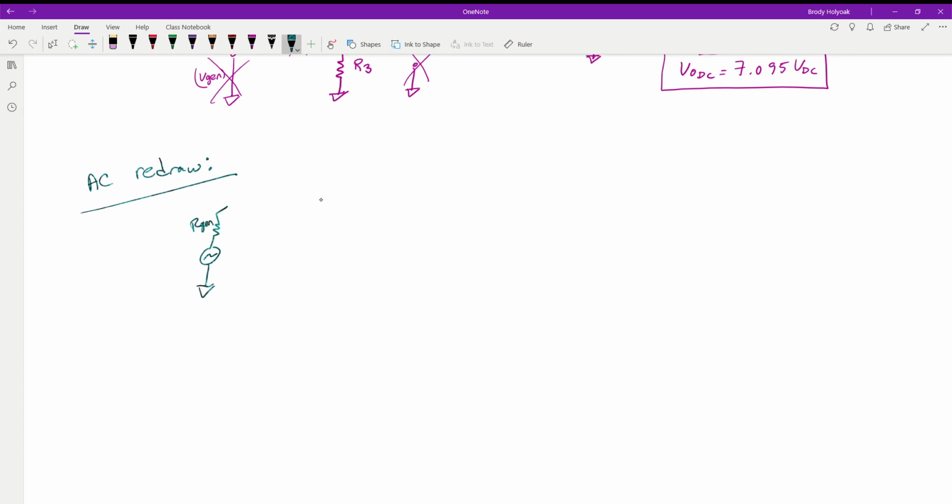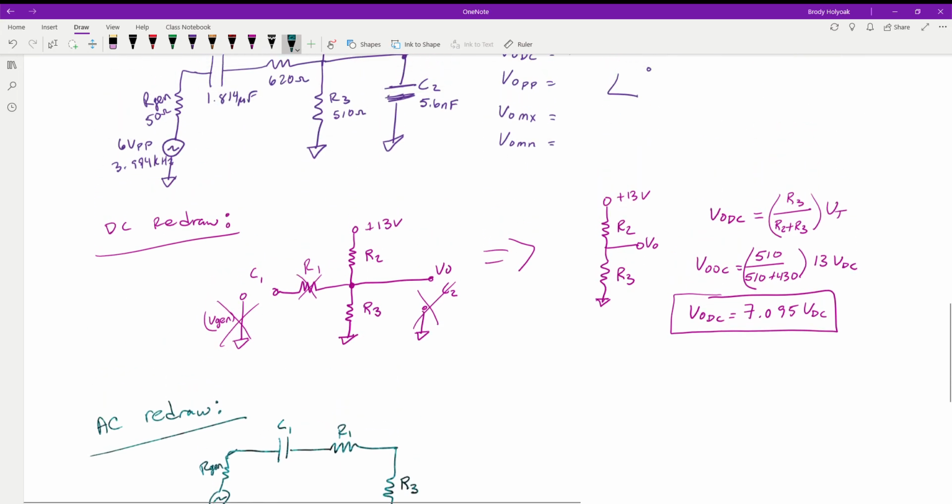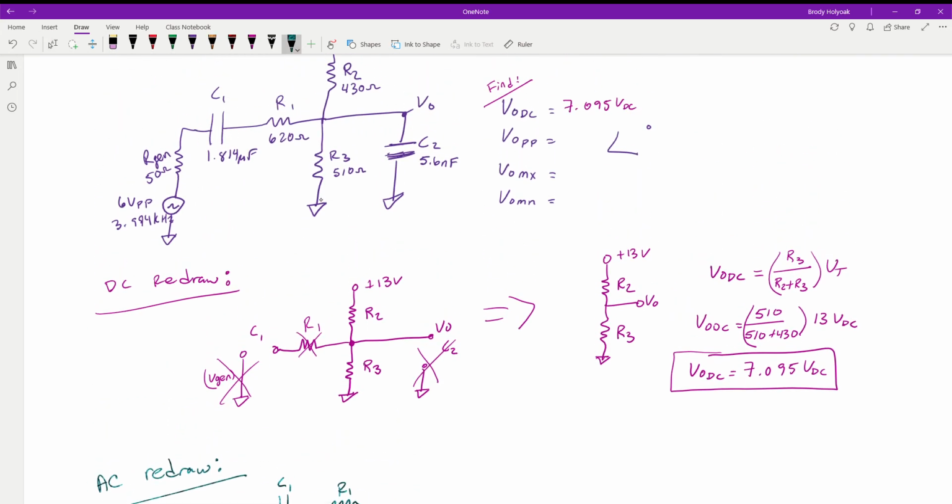We have our gen, which comes up to capacitor 1, goes through R1, and then connected at this point we have just normally our R3. That takes care of this portion right through there.